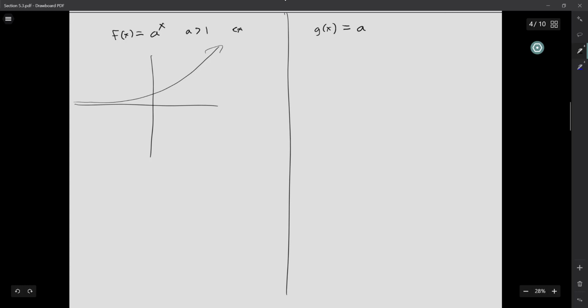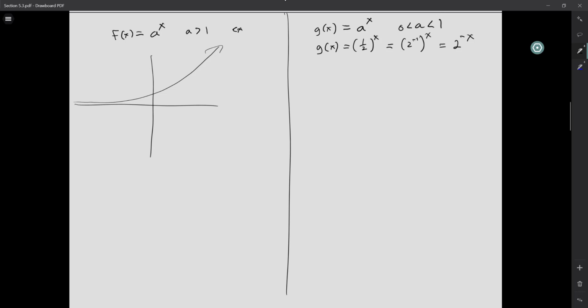Now, if I make the number smaller than 1, so 0 less than a less than 1, then this is a number like g of x equal to 1/2 to the power of x, which I can rewrite as 2 to the minus 1 to the x, which is 2 to the minus x.